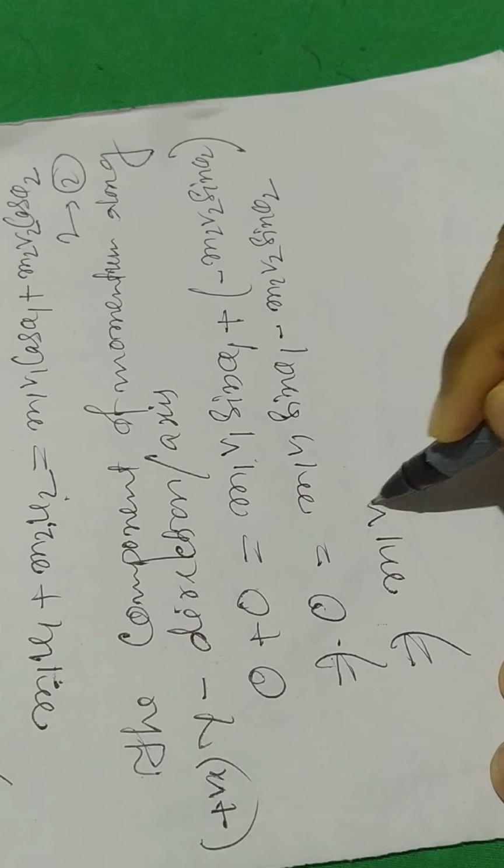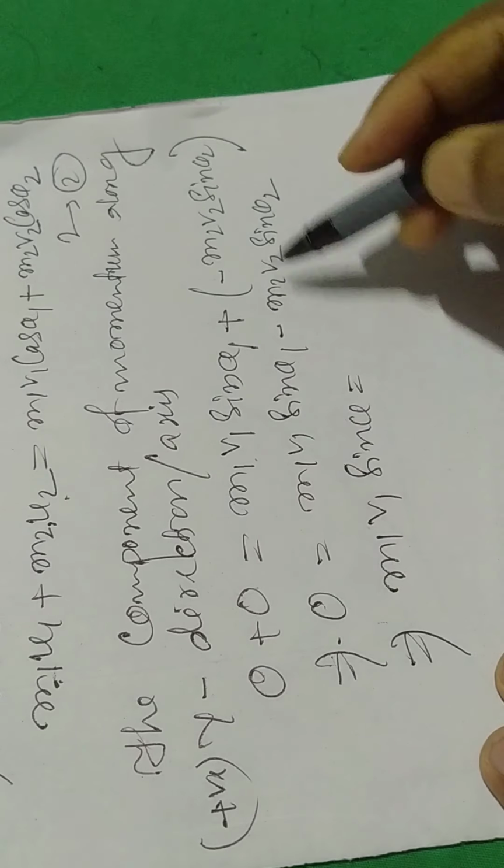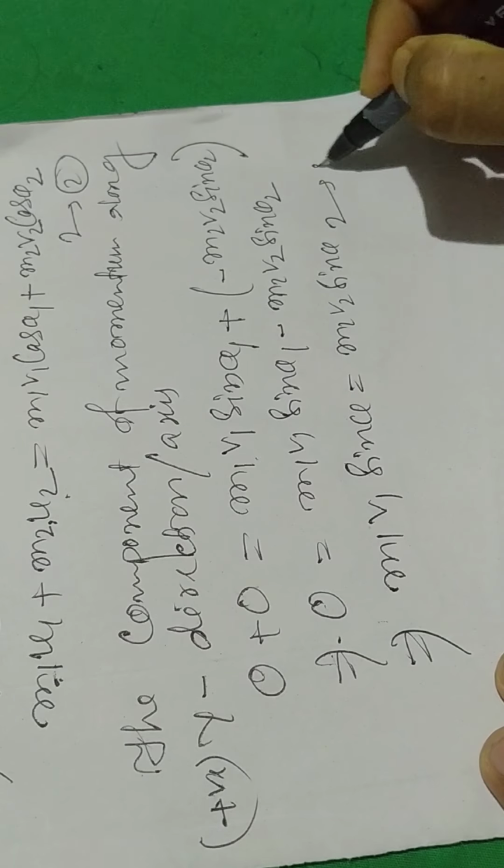So m1 v1 sin theta 1 equals m2 v2 sin theta 2. This is equation number 3.